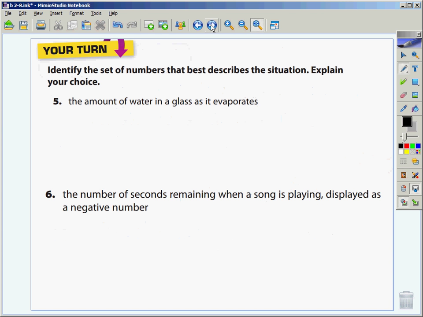So, the amount of water in a glass as it evaporates. What if a third of a cup evaporates? Is it whole? It's definitely not irrational. It's definitely measurable. Rational in this case would be the best description.